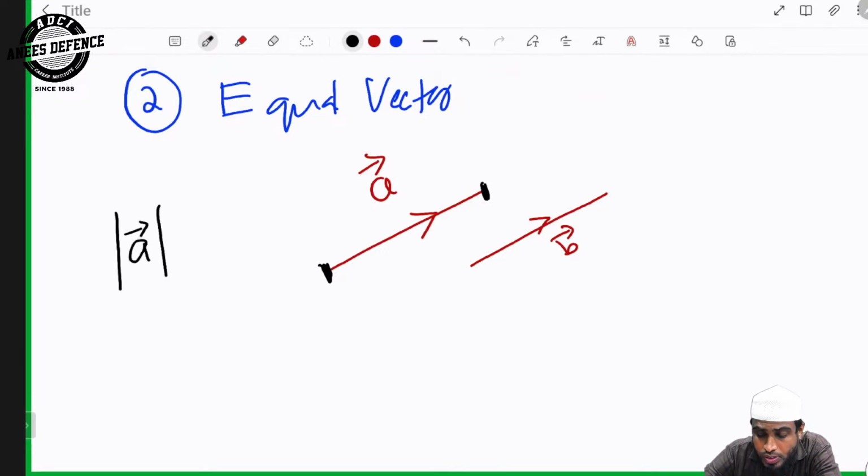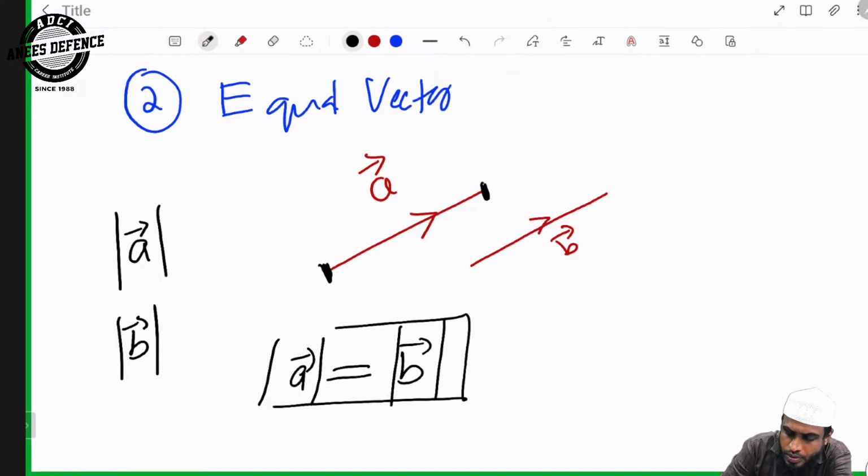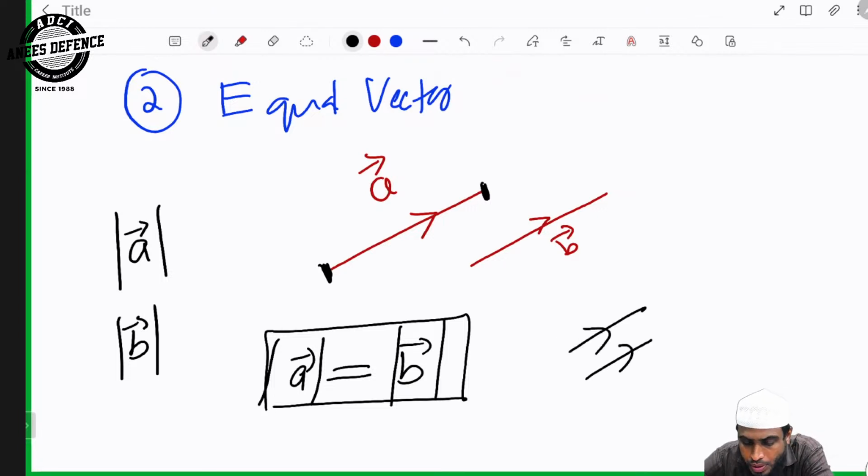Magnitude of A is represented like this. Similarly, magnitude of B is represented like this. When I check the magnitude of A and B, I got the result that magnitude of A is equal to magnitude of B. Then I observed the direction. Both are in the same direction.